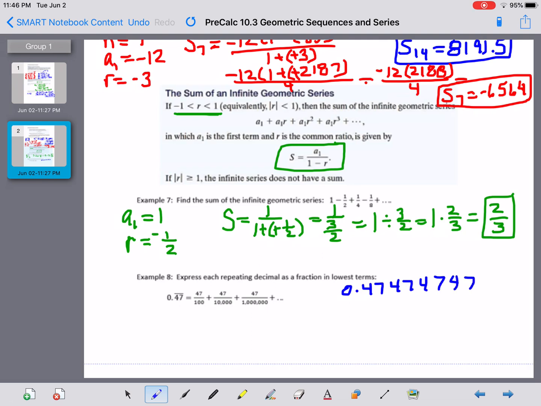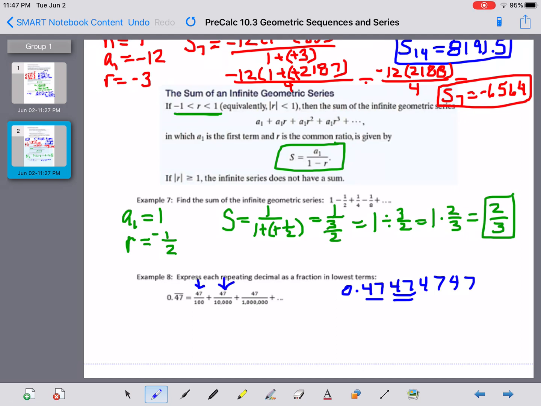If I take this 47, the first two digits are in the hundredths place, so that's the fraction 47 over 100. Then the second set of 47 would be over the 10,000ths place, so that's where we get 47 over 10,000.